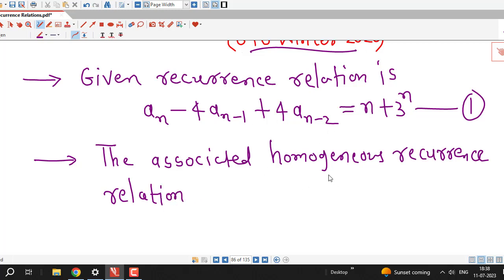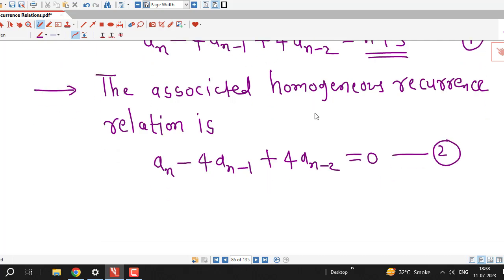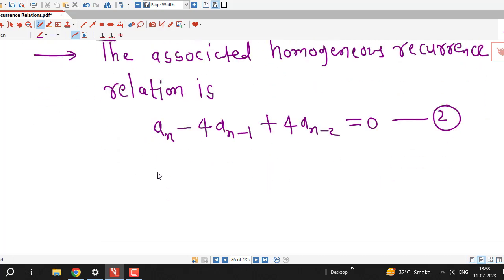We will consider this term equal to 0 to write down the corresponding homogeneous recurrence relation: a_n minus 4 times a_(n-1) plus 4 times a_(n-2) equal to 0. Now we solve this homogeneous recurrence relation.